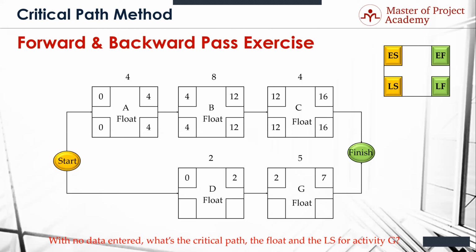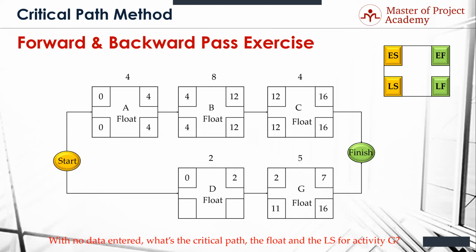So the bottom one is the critical one. Norvin, what's the late finish for G? 16. And once you put 16 in there, now you can do the backwards part. And we already discussed that the late start was going to be 11, because it's 16 minus 5. 5.